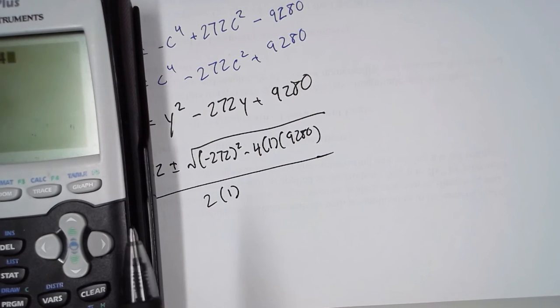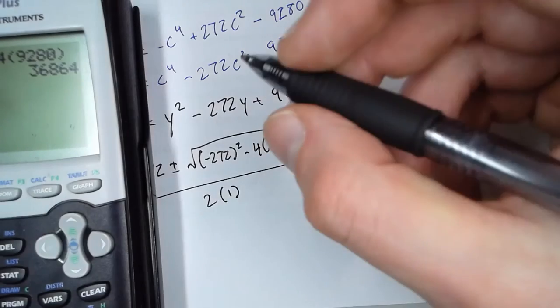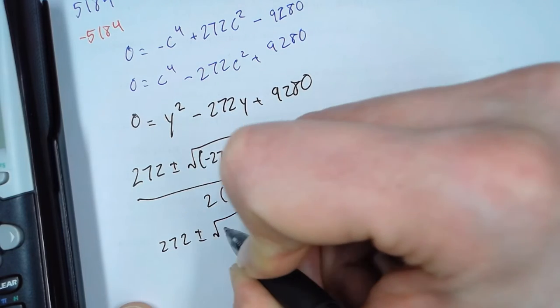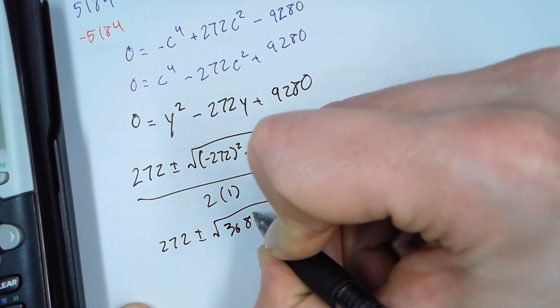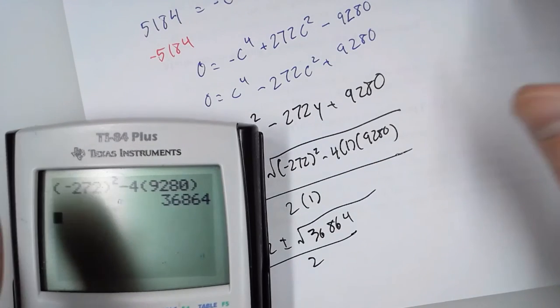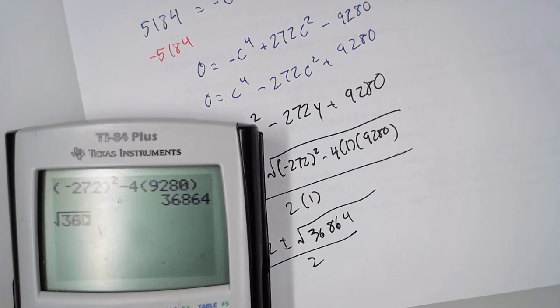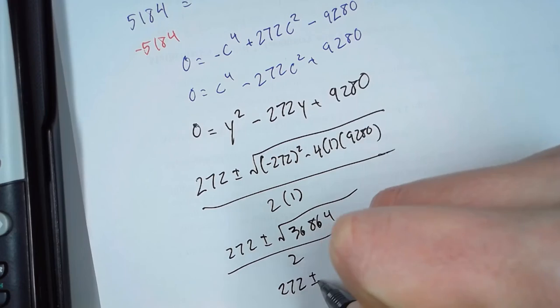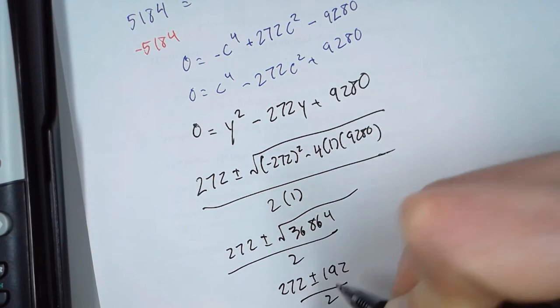Into that minus 4 times 9,280. So we get 272 plus or minus the square root of 36,864 all over 2. We'll see if we can take the square root of that. 36,864. Yes, we can. We get 272 plus or minus 192 over 2.